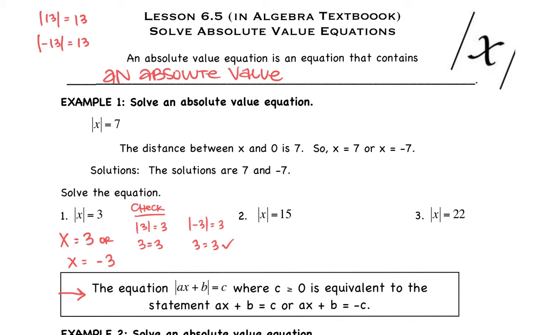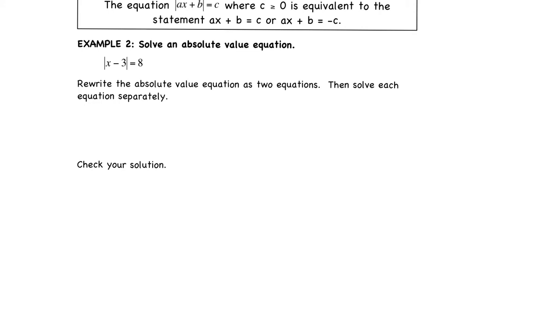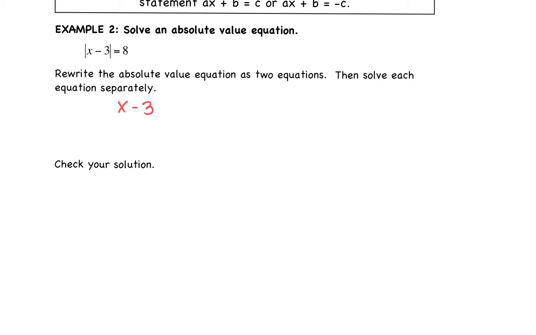So let's try this with a little bit more of a complicated problem. All right, so this time inside the absolute value bars, we have x minus 3. So we know that x minus 3 could equal 8, or if that x minus 3 came out equaling negative 8, this would still work, because the absolute value of negative 8 is also positive 8.